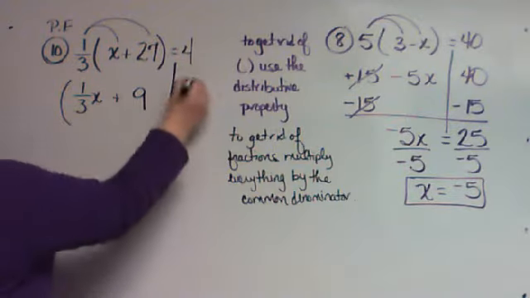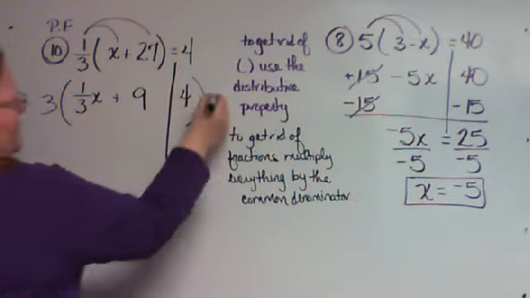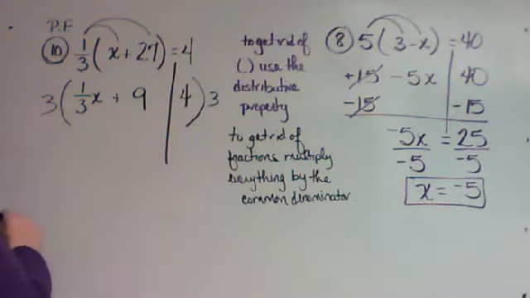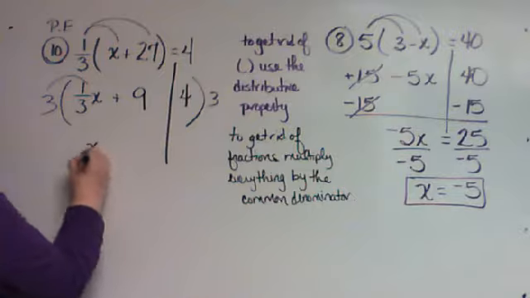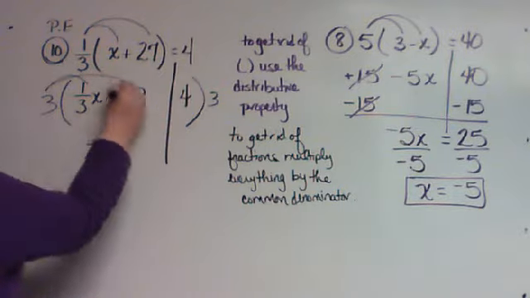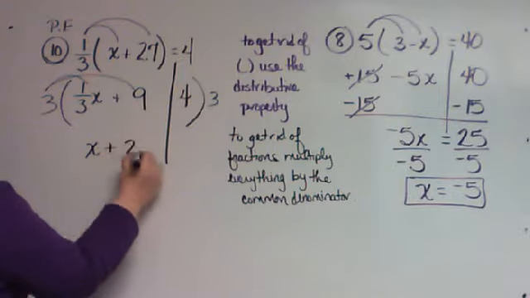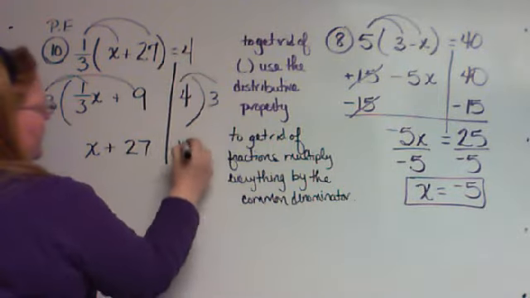So I need to multiply everything by 3. That means on both sides, I have to multiply by 3. So here, 1/3 times 3, a third of 3 is just 1. So that's my x. And then 3 times 9 is 27, and then over here 4 times 3 is 12.